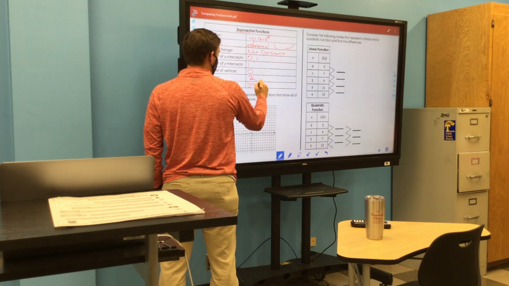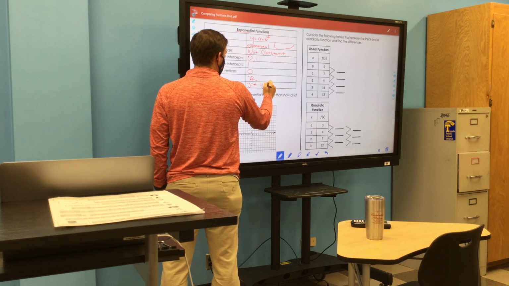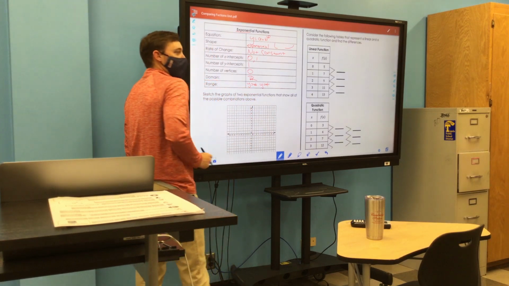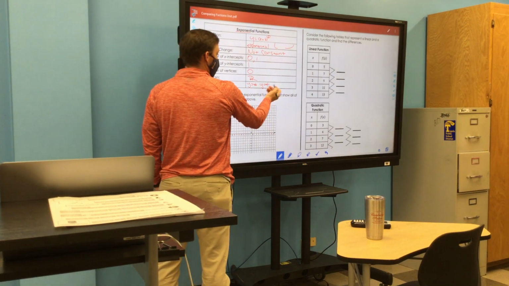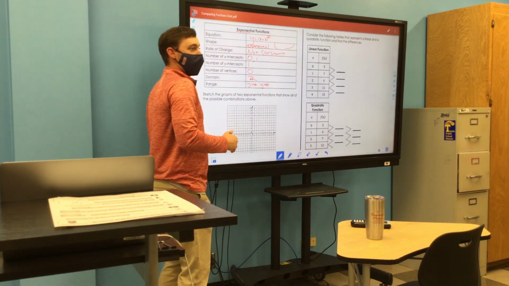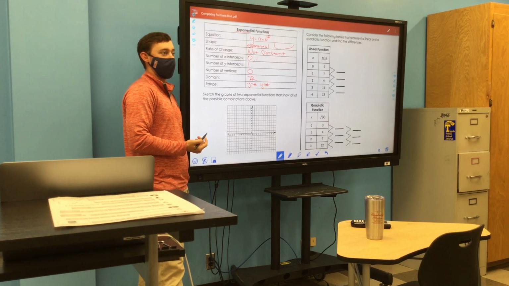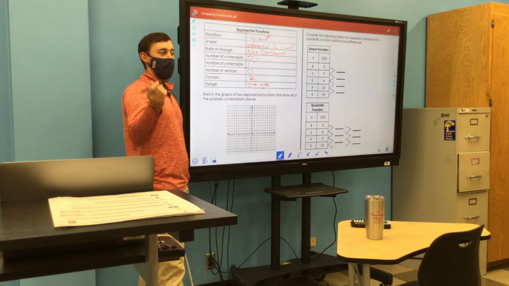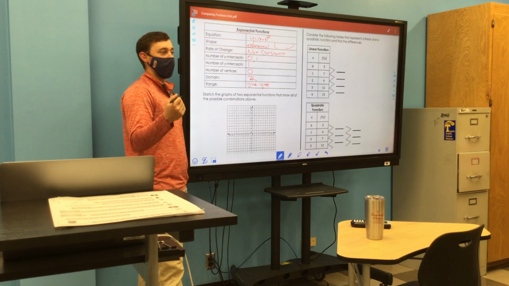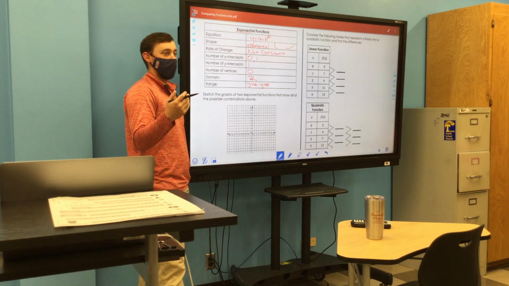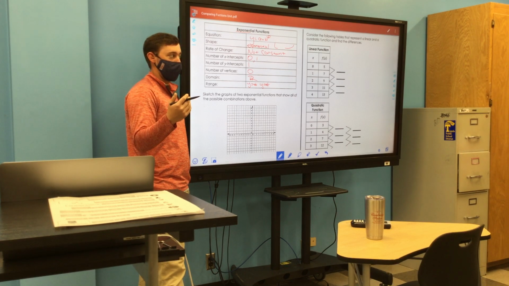Range is going to be y is greater than some number or y is less than some number. Do you remember the word that we learned that started with an A when we talked about exponentials? It was when our graph approached a number. Does anybody remember that A word? Anybody? Nobody?